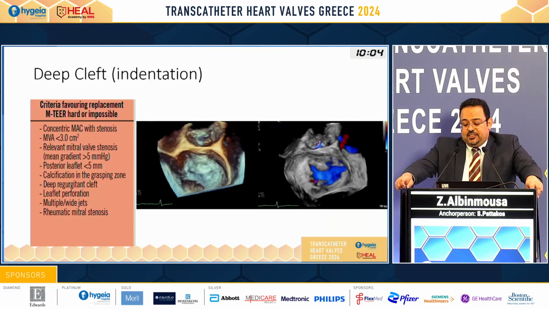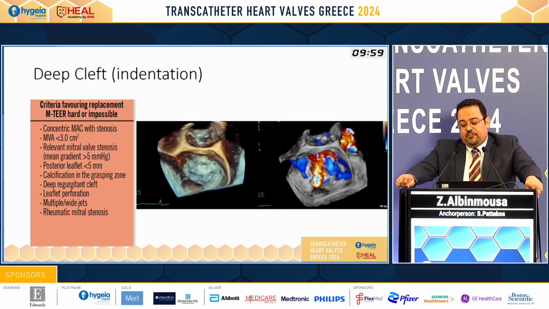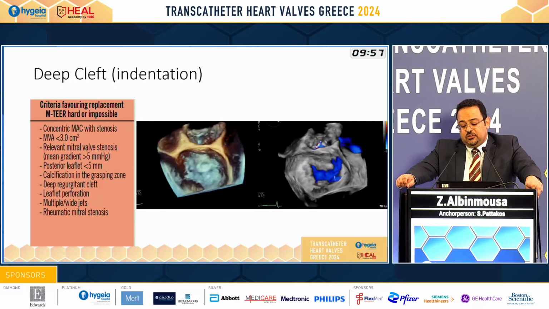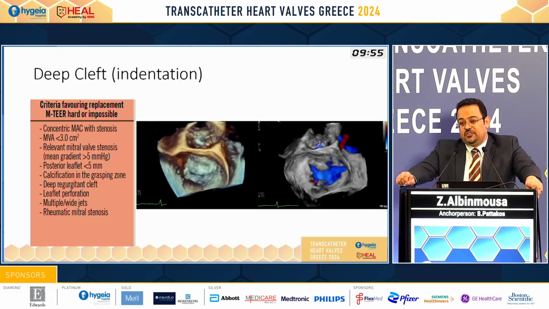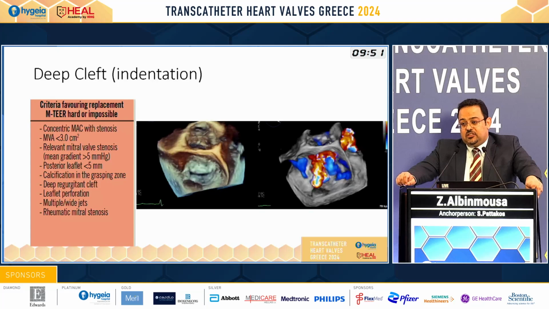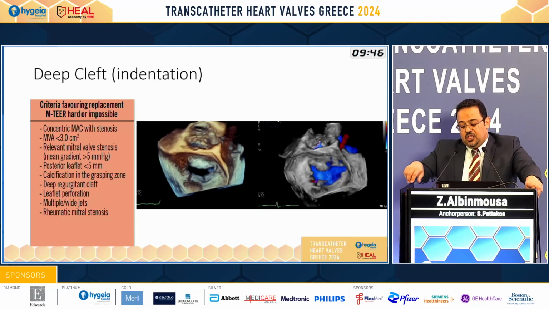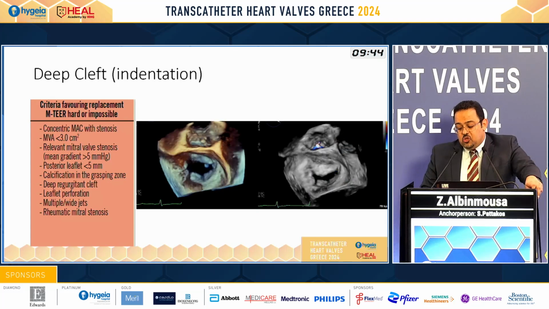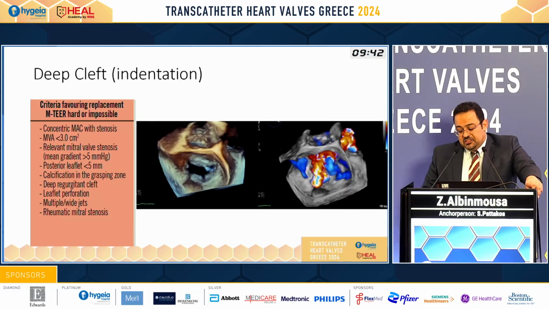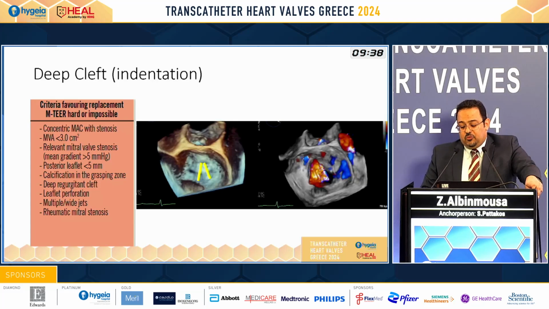Deep cleft or indentation is another challenging condition for TEER, where you have to make sure it's not a true cleft extending to the annulus. If it is not, it will also be challenging for the strategy and planning of treatment, where you don't know how to treat it ideally, but now we are using the A technique to deal with such patients.